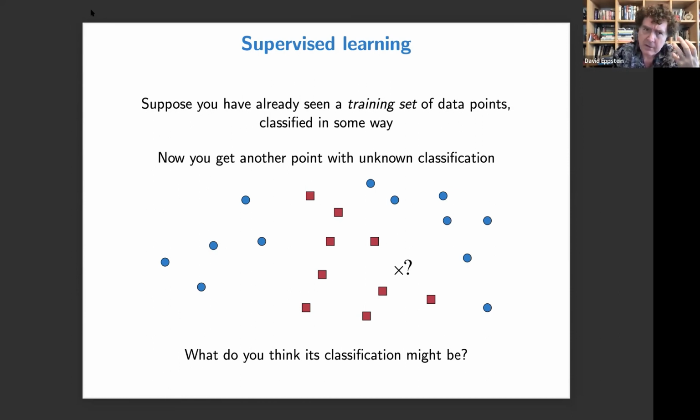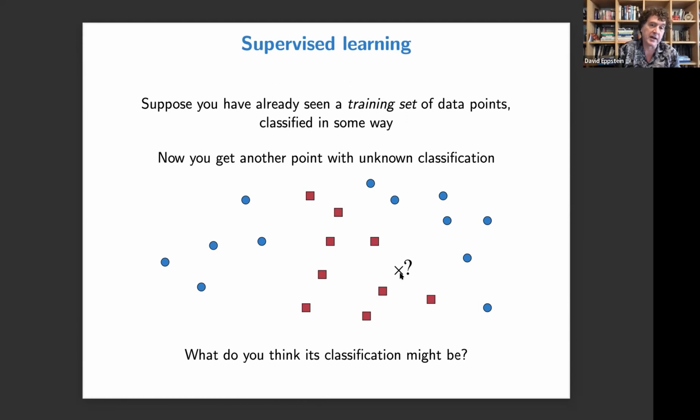And based on that information of known classifications of data points, you want to be able to predict the classifications of points with unknown classifications. So given these points that are somehow classified as either being blue circles or red squares, you get this new point, which doesn't come with a classification attached to it. You need to decide on its classification.